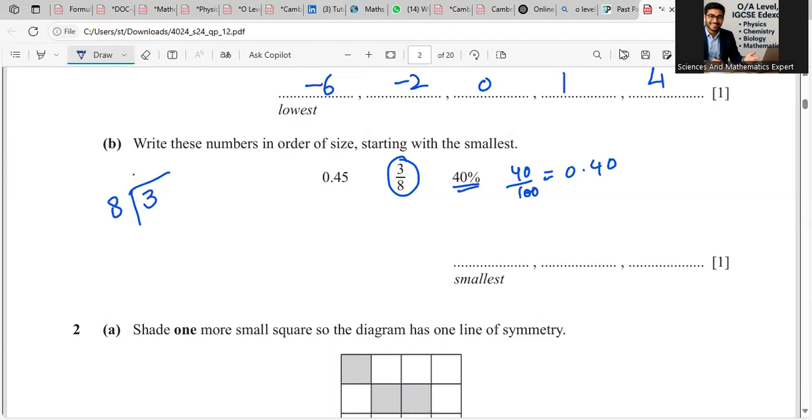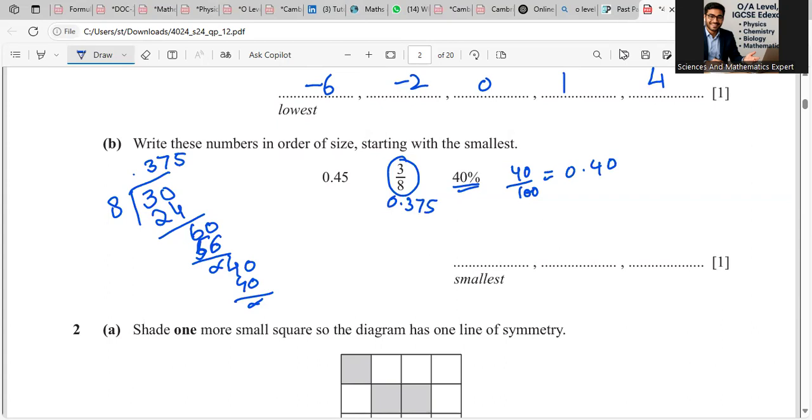Then I will place 0 here, it is 30. 8 times 3 is 24, then it is 60. Then 8 times 7 is 56, so remaining 4, then 40, and 8 times 5 is 40. So it is 0.375.